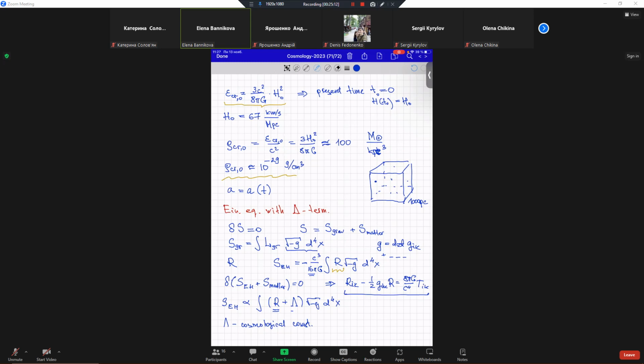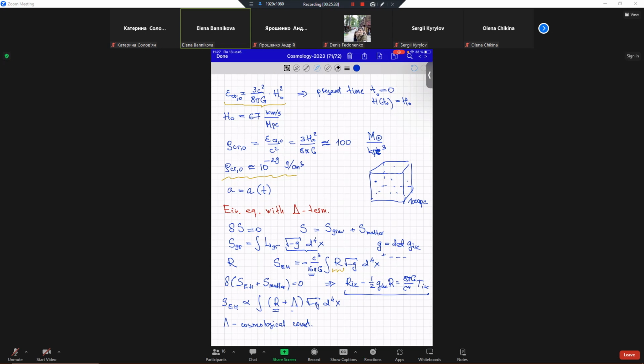The cosmological constant, as we also will see, creates something like anti-gravity. So it looks like it acts against gravity. That was the idea for using it, to succeed with a static universe.